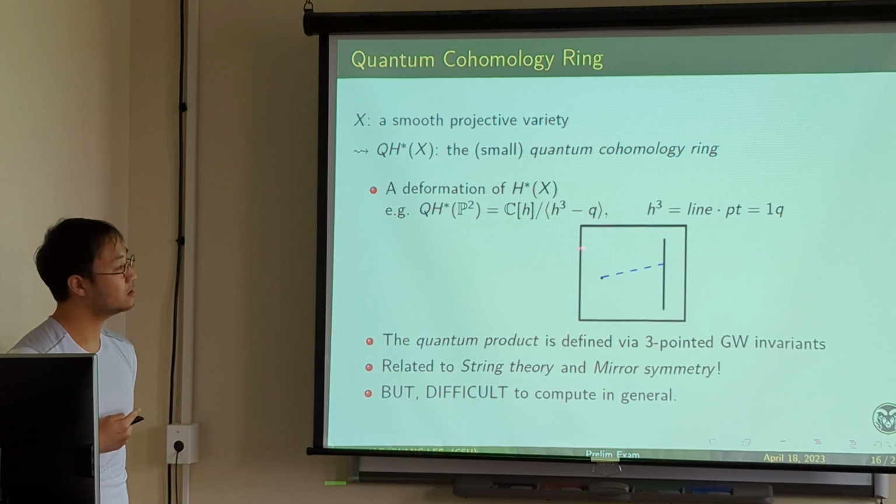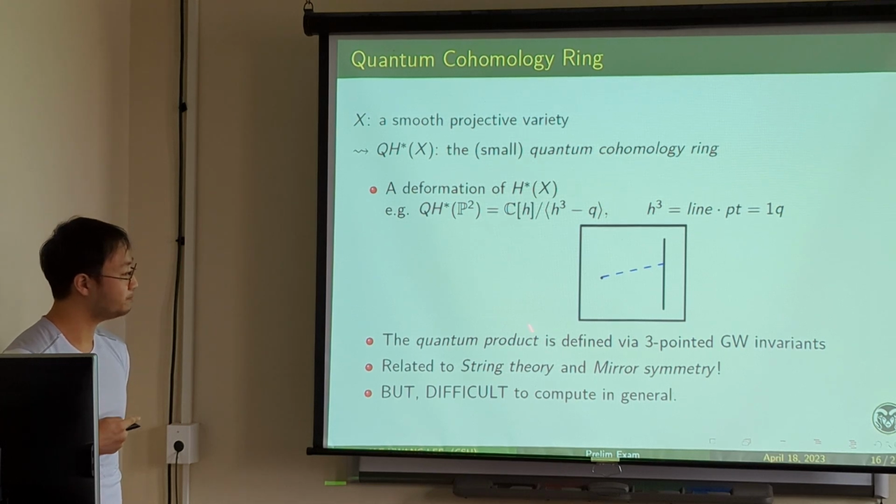In this case, they are related by a line. And that line can sweep here so that it forms a plane. The plane is a fundamental class in this case, which is 1. That is encoded as the coefficient of Q.